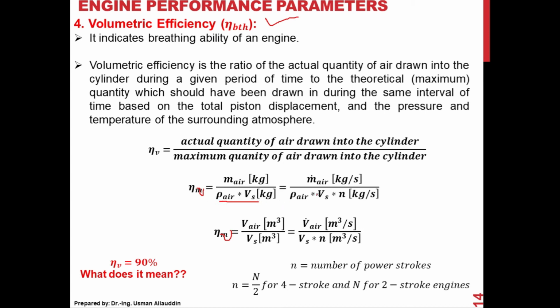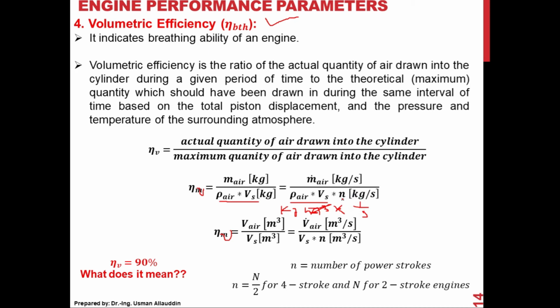M dot air is the mass flow rate of air in kilogram per second. Sorry, this has a unit of kilogram, so now you need to multiply with 1 upon second.